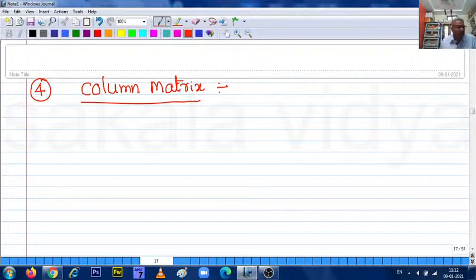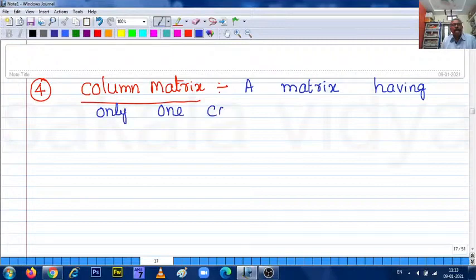Very good, Nana. A matrix having only one column is called a column matrix.